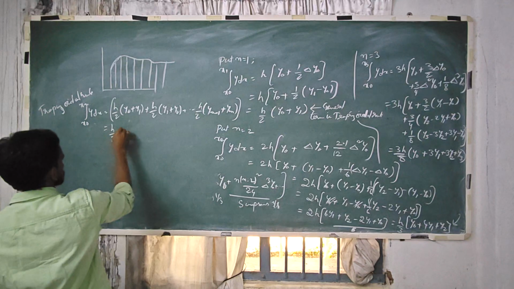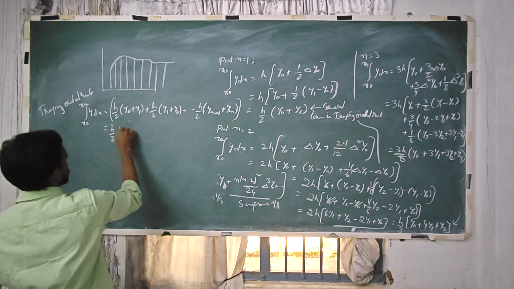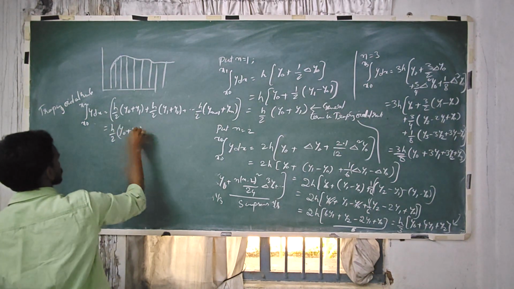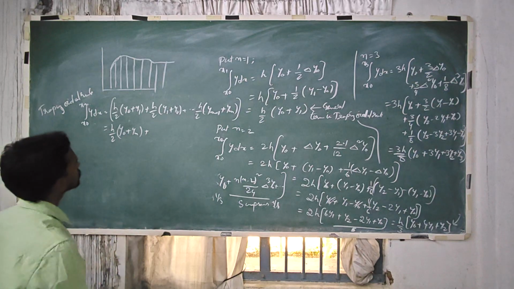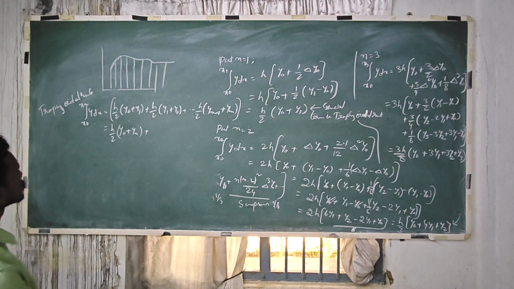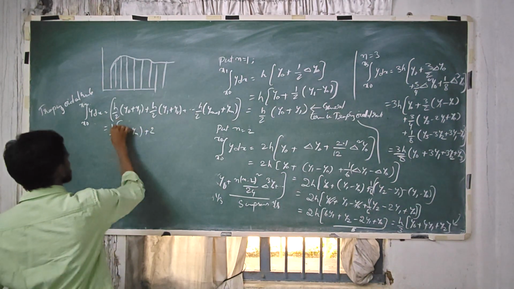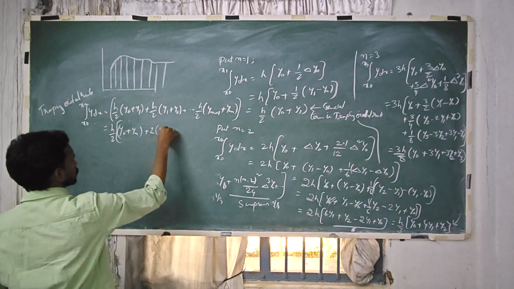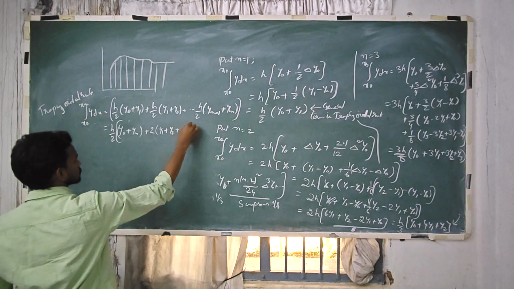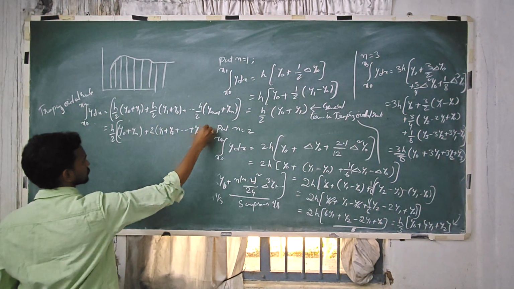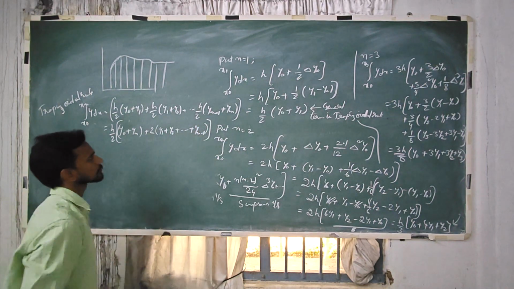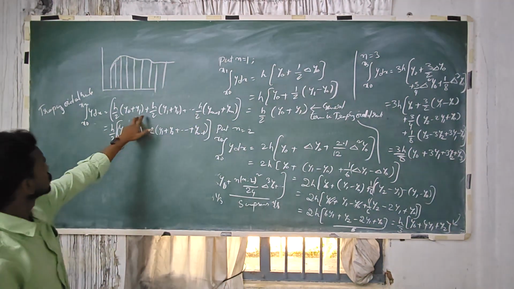So it becomes h by 2 times y0 plus yn, plus 2 times y1 plus y2 plus etc. up to yn minus 1.